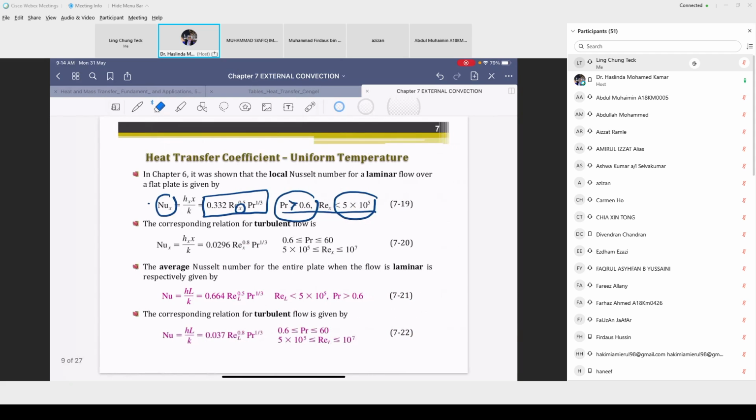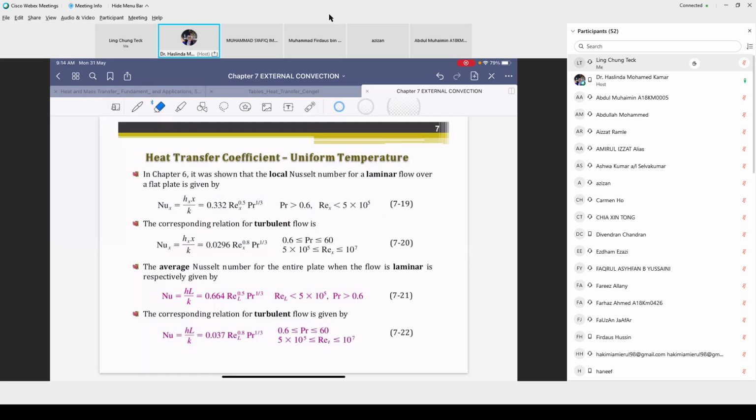For this case, the equations starting from 7.19 are for uniform or constant temperature applied to a flat plate.